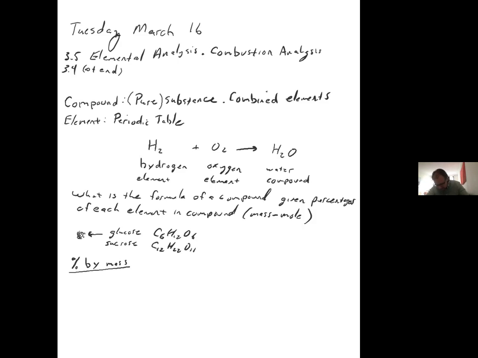So for example, you might see 35% oxygen and 55% carbon and 10% hydrogen. Okay, so what you're getting in terms of the data that's given, this is the given data, are percentages that add up to 100, right? If you add these up, they add up to 100%.